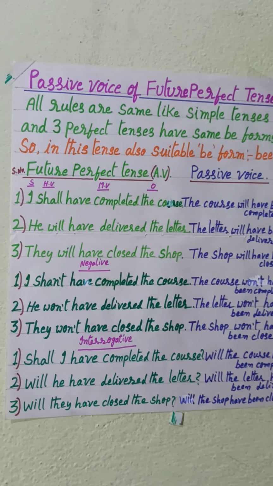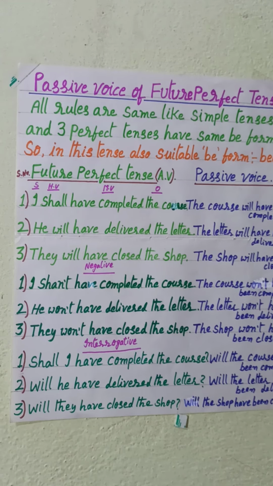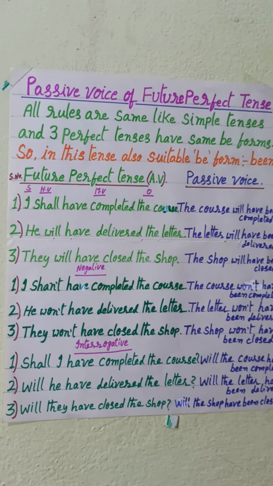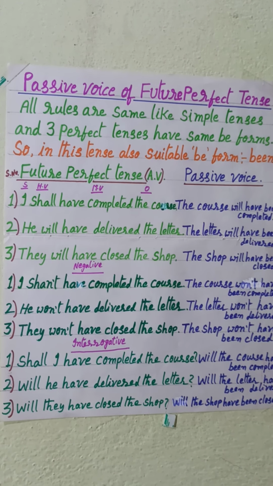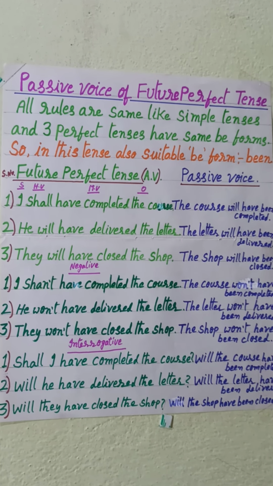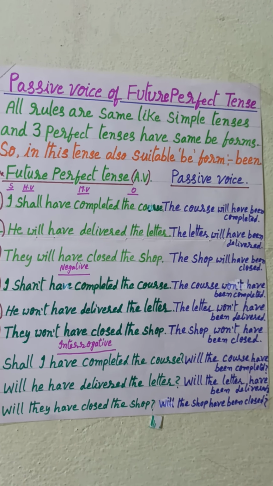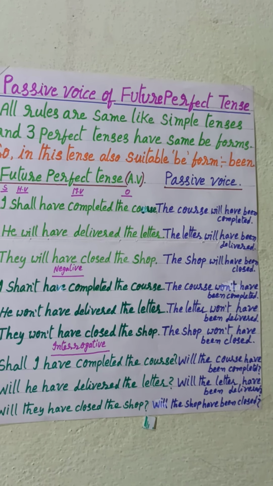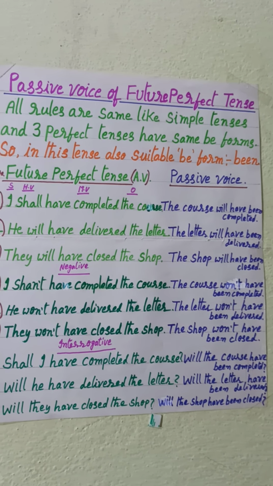For example, first one: shall I have completed the course? Add question mark. In the passive voice, will the course have been completed? Add question mark.